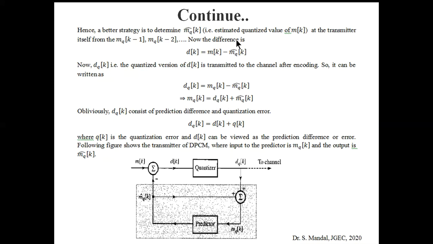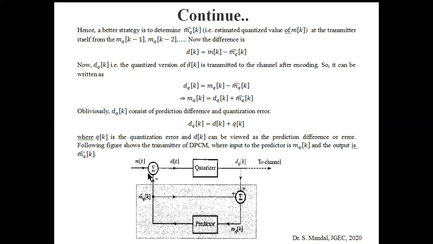Now to achieve this predicted value, we need to use a predictor. Now you can see that mqk is the summation of dqk plus mqk cap. That means this one is the mqk cap.